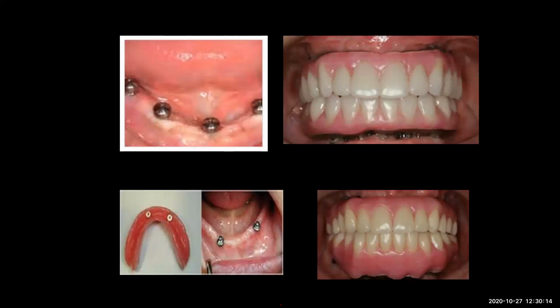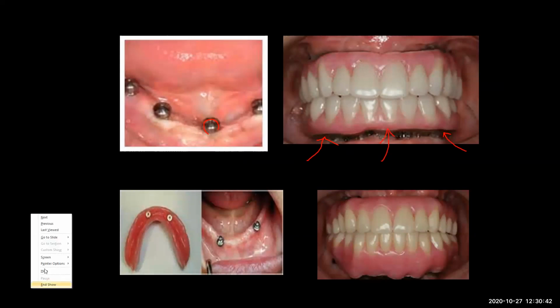So this is an implant supported full denture. Sometimes these will be buttons that the patient can pop on and off themselves. Sometimes they are not. And the patient will come in here every 3 months, and you've got to figure out how to clean it because it's very time consuming to remove it.